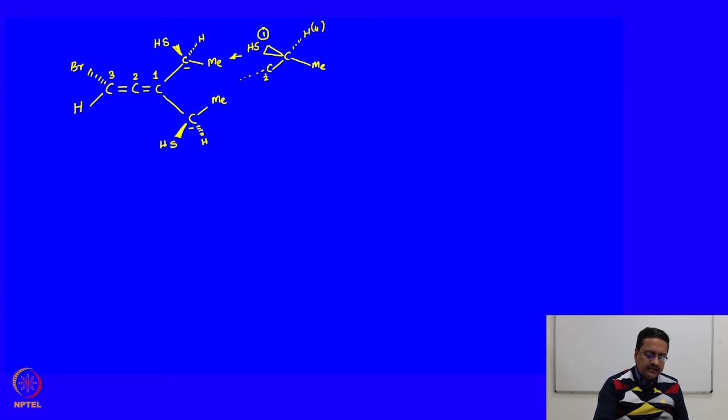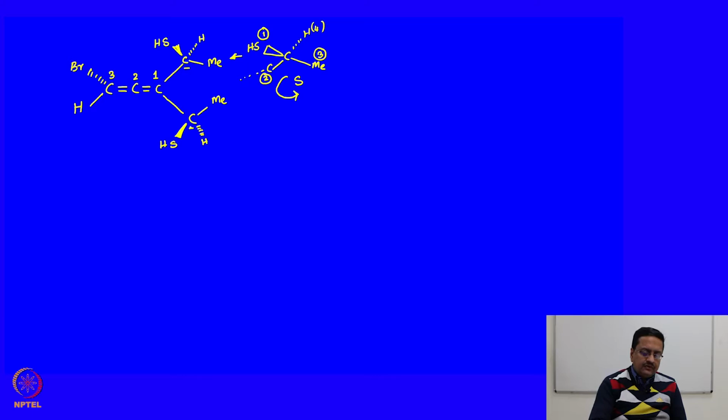This group gets priority 2 because it is then connected to another carbon, and another carbon. So, this group has an overall much larger molecular weight. So, this is 2, this is 3. Here we see that 1 to 2 to 3 is anti-clockwise and we are looking from the side opposite to the lowest priority group, hydrogen. So, this must be S.